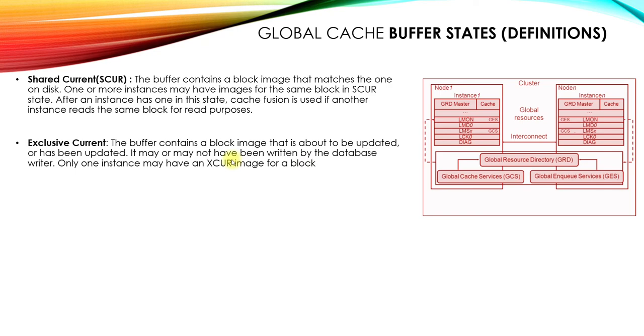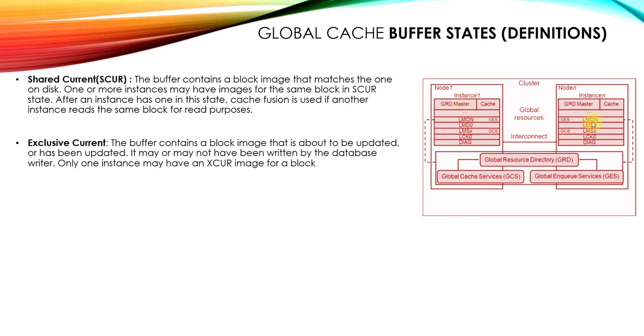What is exclusive current? Exclusive current is when any user is trying to modify a specific block. That block will be named, or you can call it stamped, as XCUR or exclusive current. There will be only one exclusive current in the complete cluster.